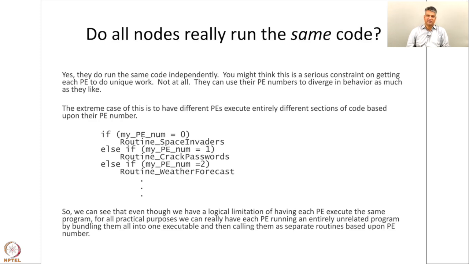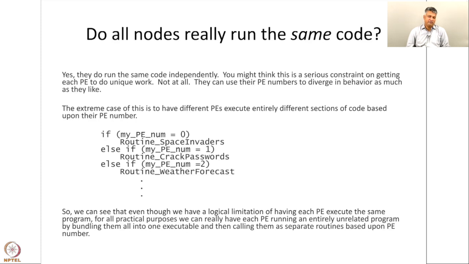Obviously, Space Invaders is a game, crack passwords is a malicious program, and weather forecast is a useful program, and they are all going to be run distinctly on process ID 0, 1 and 2 respectively. So we can essentially trick the parallel program into running different codes or different programs by itself using these sorts of if constructs.